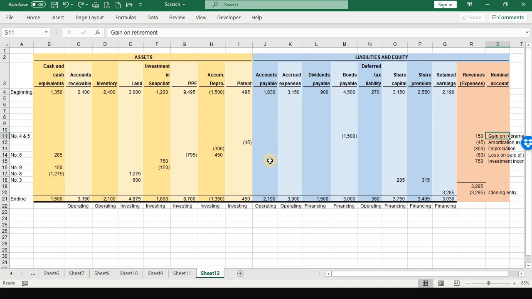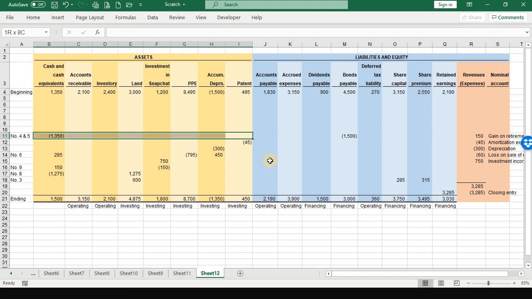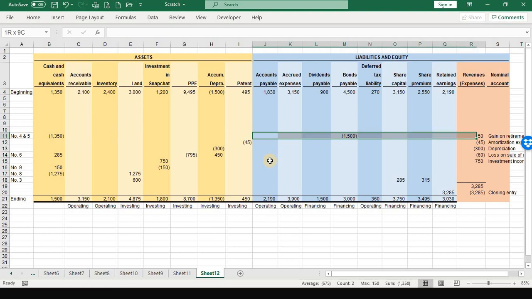So since in this case we have a gain on retirement, the cash payment is 1,350 pesos. And that is credited to cash. Now, let's check whether the accounting equation is balanced. The left side has a balance of negative 1,350, and on the right side, negative 1,500 plus 150 is also negative 1,350.